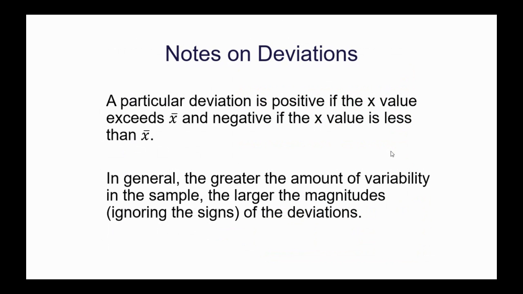So in general, the greater the amount of variability in the sample, the larger the magnitude of the deviations. Notice it says we're ignoring the signs. So if there's a large amount of variability, then our deviations would probably be larger.